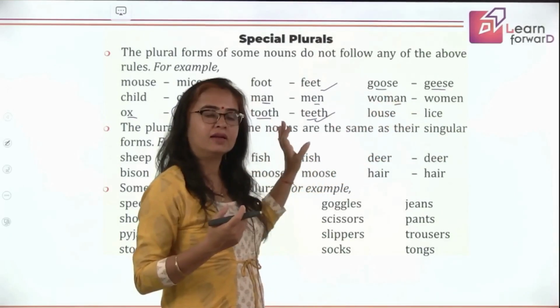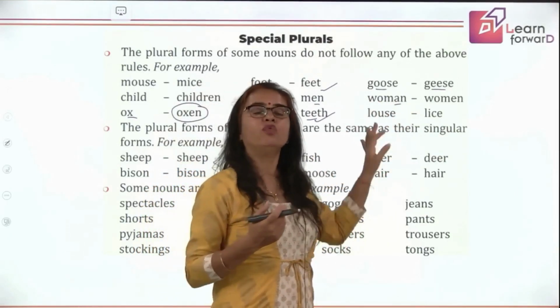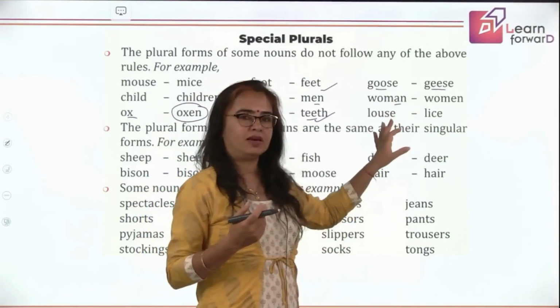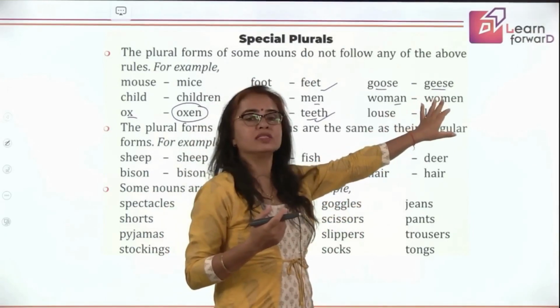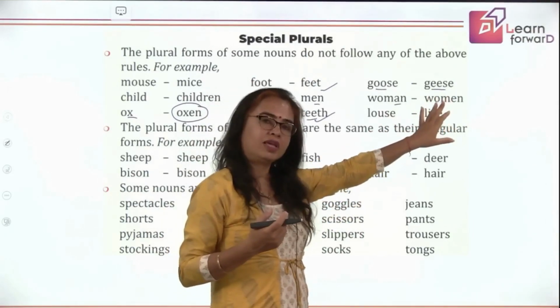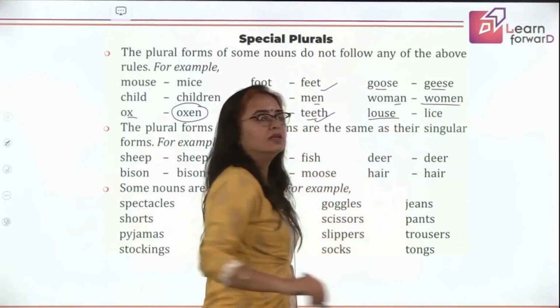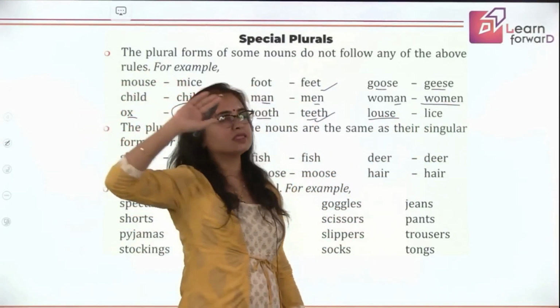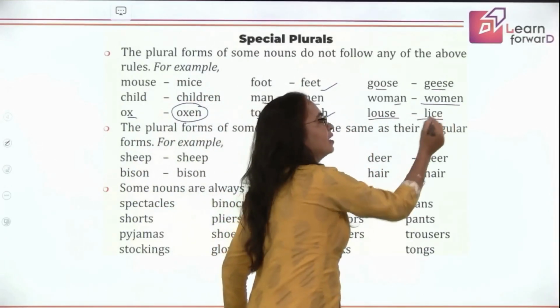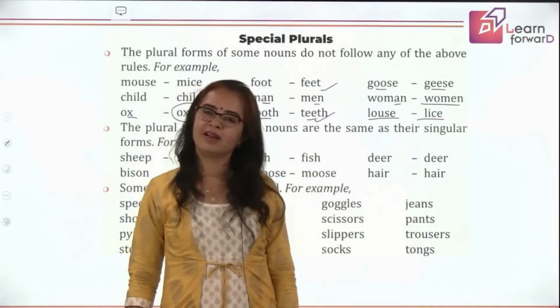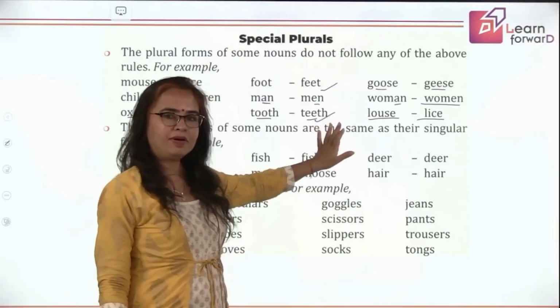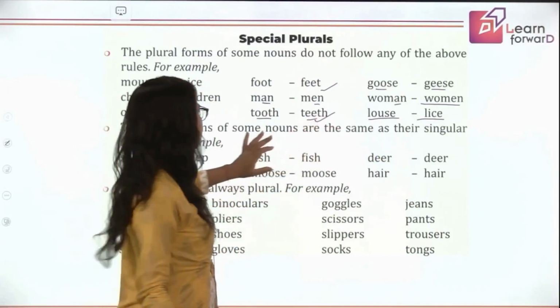Man, men, and woman, women. But O is same here. Okay, please remember this. Then louse. Just like mouse becomes mice, louse becomes lice. Right? Easy to remember. Very good, students.